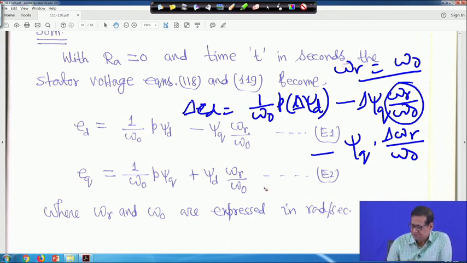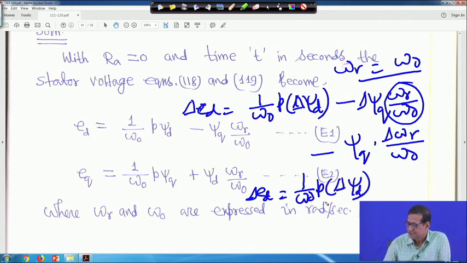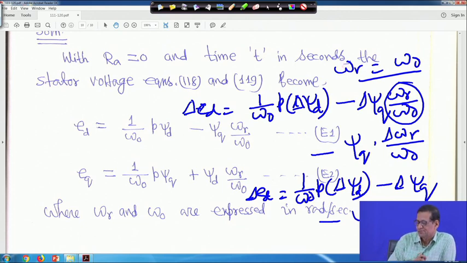So that means my delta E d is equal to 1 upon omega 0 p delta psi d, minus delta psi q, then minus psi q into delta omega r by omega 0. This is for small perturbation for delta E d.